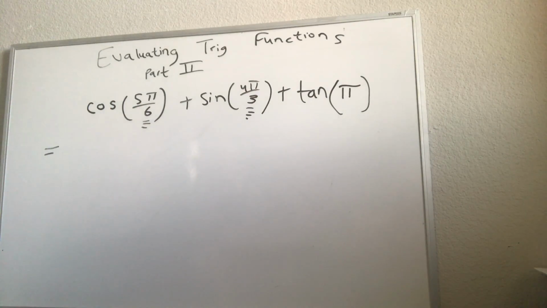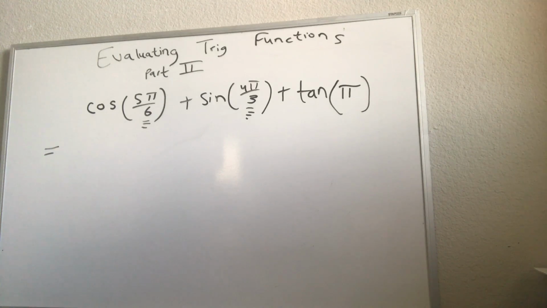Now if you remember the rule I had mentioned earlier, 5 pi over 6 really means the fact that the numerical value in the numerator is 1 less than the denominator indicates that this is an angle in the second quadrant really. And so when you take cosine of this, you always want to think of taking the cosine of pi over 6. Cosine of pi over 6, if you remember, is root 3 over 2.